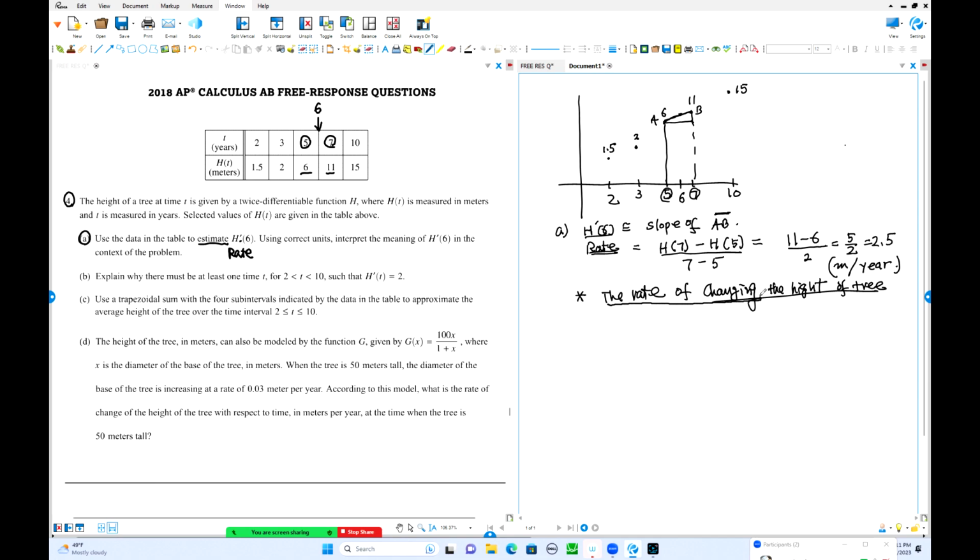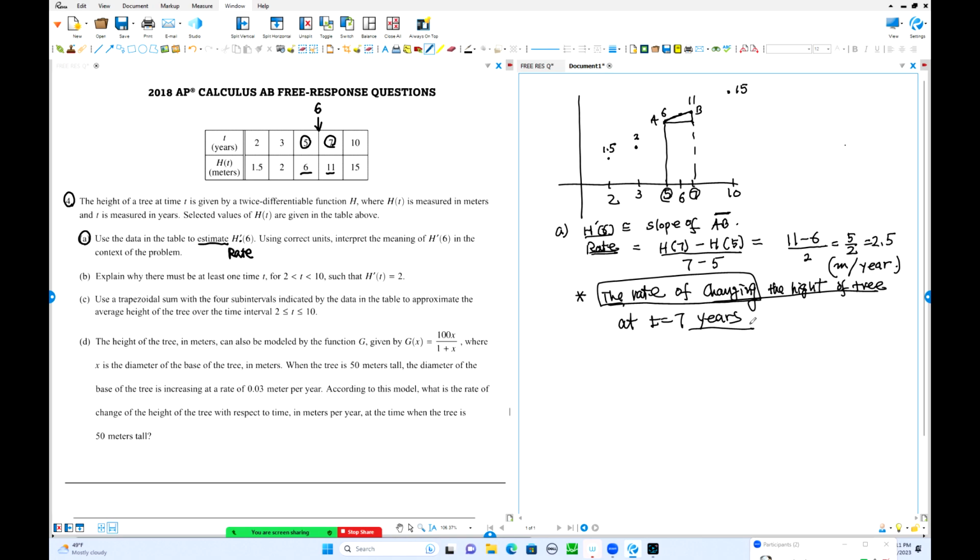That is the rate of change. You can explain it this way.